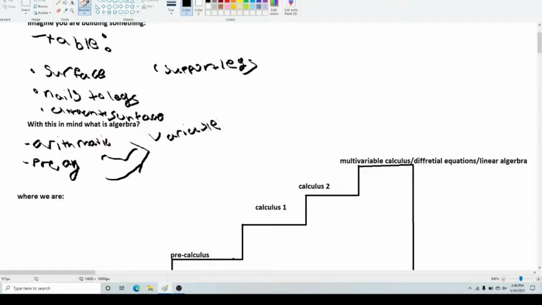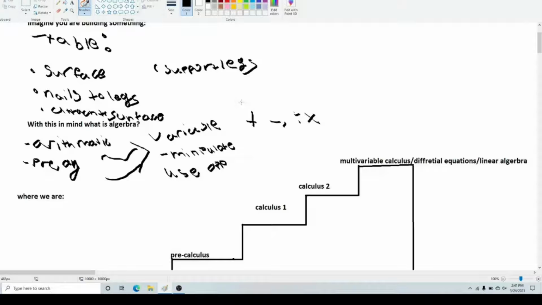But we take these variables and we manipulate them. We manipulate these variables using operations, whether it's plus, minus, divided by, or multiply.